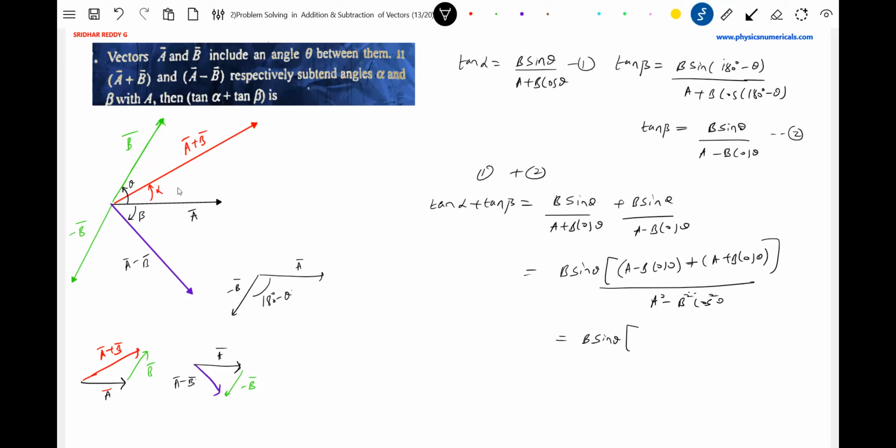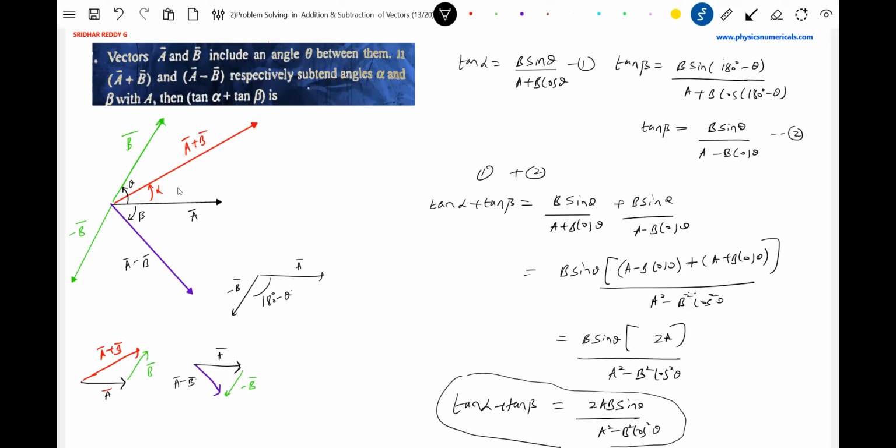So B cos theta will cancel out, so 2A I'll get, over A square minus B square cos square theta. The final answer will be 2AB sine theta over A square minus B square cos square theta. This is the required expression.